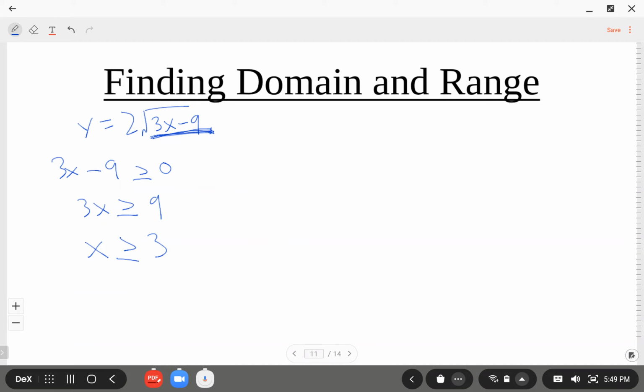So in the range, what you need to do, okay, the inside has to be greater than or equal to 0, right?